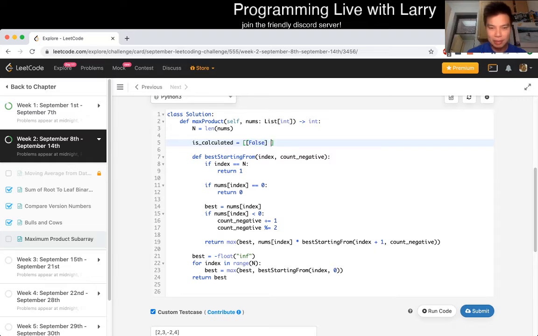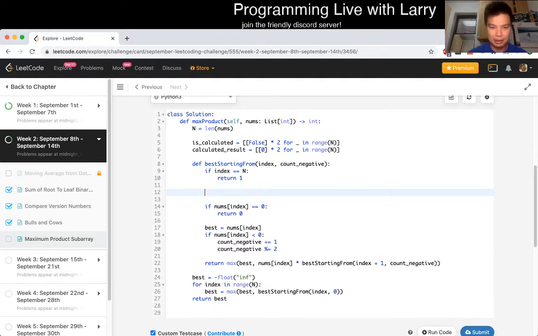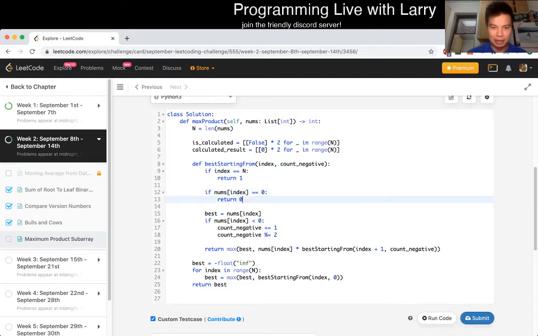Which is calculated is equal to false times 2 for in range of n, and calculated result is equal to, I guess it doesn't matter because we're supposed to override it, right? And we'll go over the complexity in a quick second, but I guess we could cache it after this.